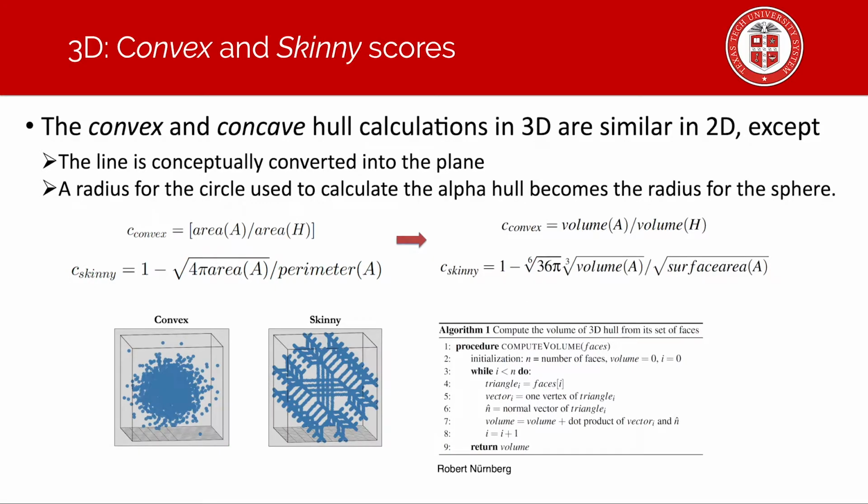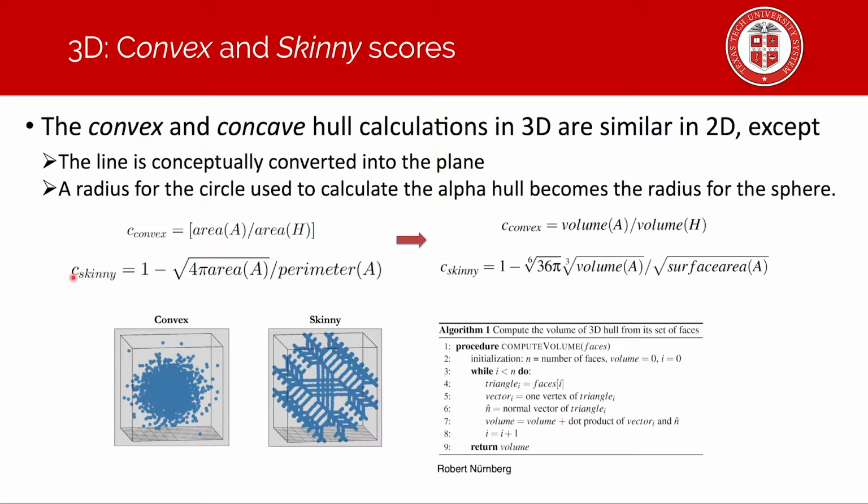Convex and skinny scores in 3D. The convex and concave hull calculations in 3D are similar to 2D, except the line is conceptually converted into a plane, and the radius of the circle used to calculate the alpha hull becomes the radius of the sphere in 3D. And also, for the convex score, instead of considering the area, we need to consider the volume of the alpha hull and the convex hull.